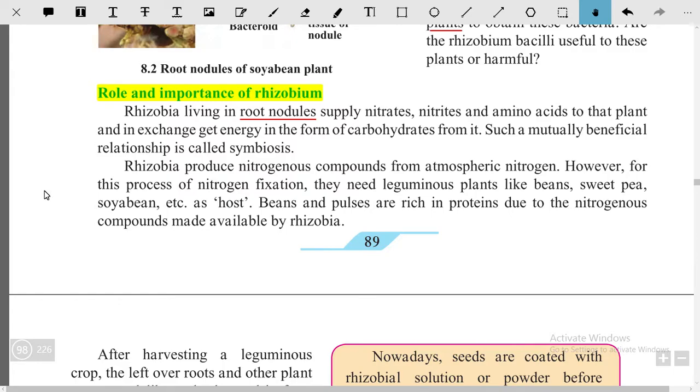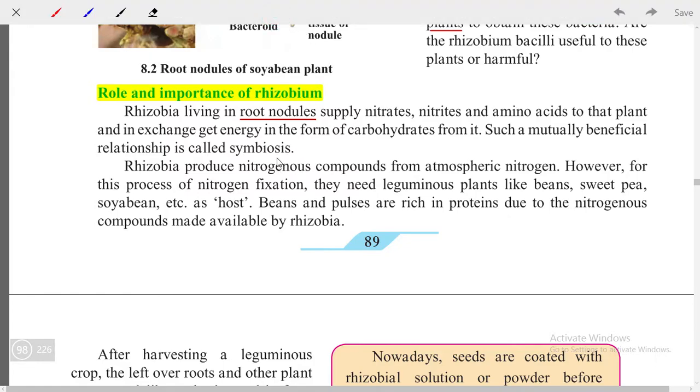However, in this process of nitrogen fixation, in which rhizobia produce nitrogenous compounds from atmospheric nitrogen, they need the leguminous plant. रायबोजियाने नायट्रोजनस कंपाउंड बनवलेले आहेत, कशाचा उपयोग करून? वातावरणातील atmospheric nitrogen, and this process is known as nitrogen fixation.